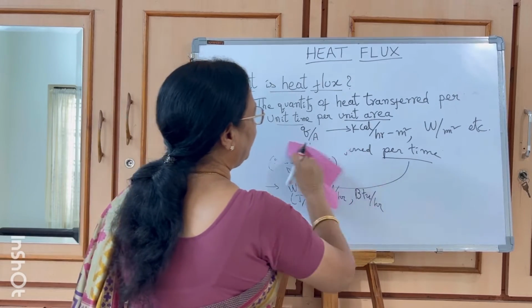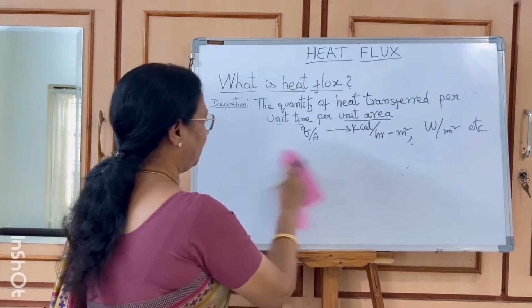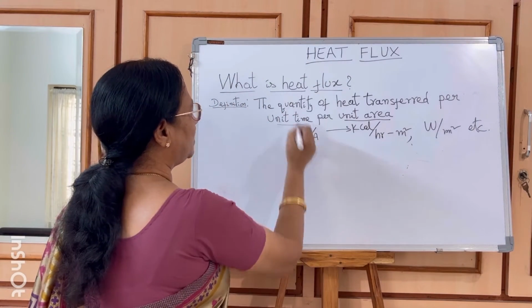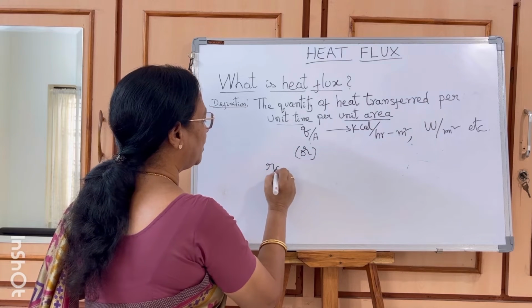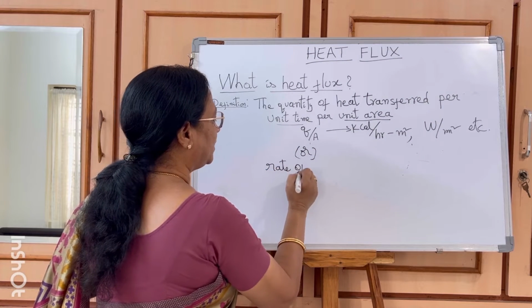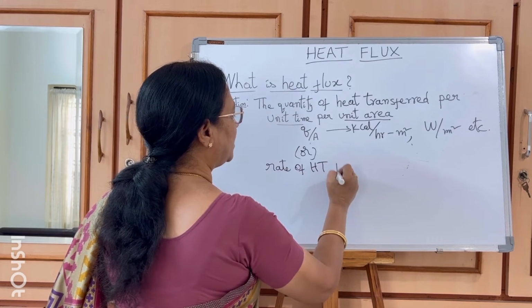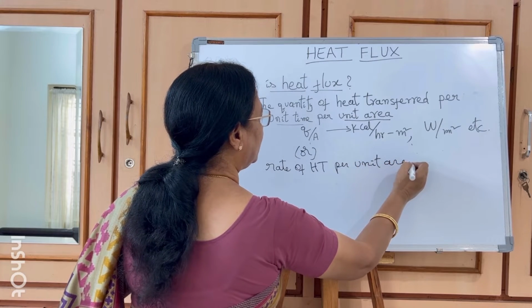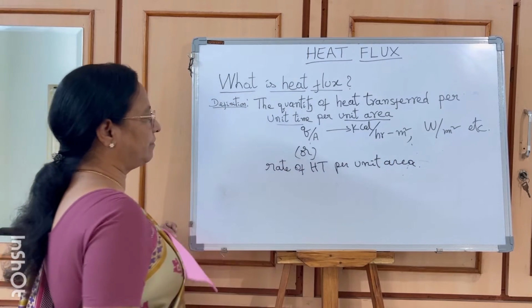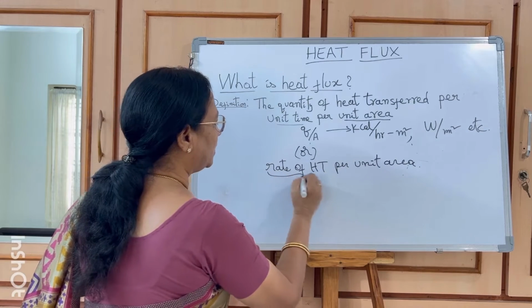Now rate of heat transfer per unit area is heat flux. So this definition can also be written as rate of heat transfer per unit area. This is heat flux. So rate of heat transfer is what here?